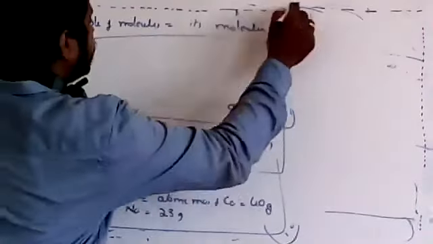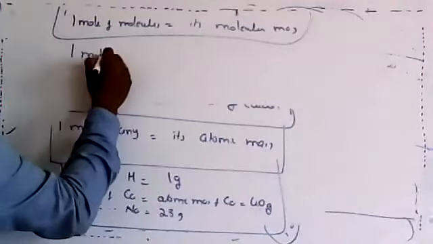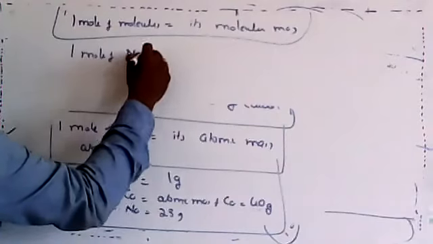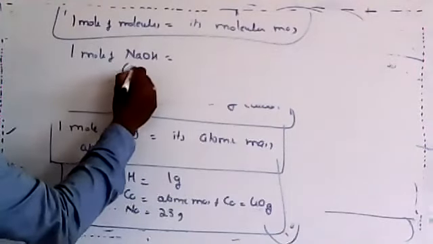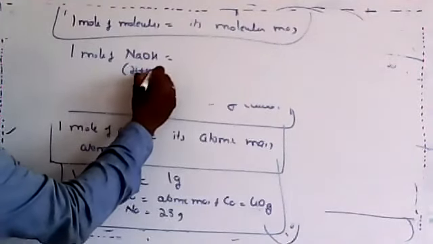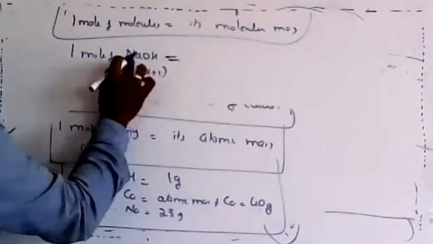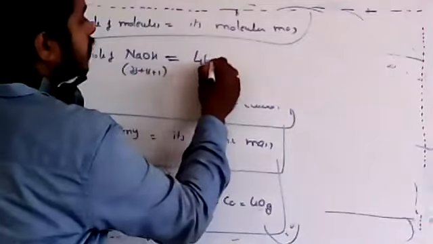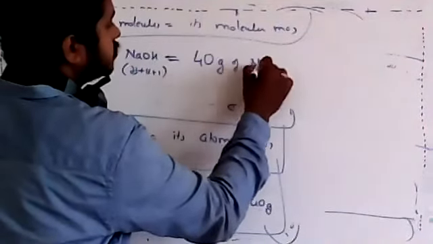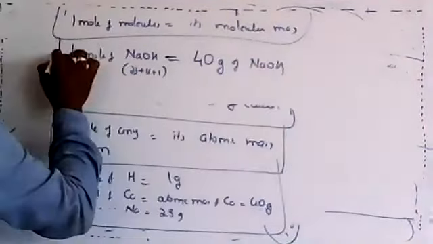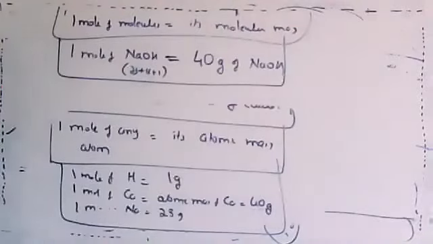For example, if I take 1 mole of NaOH, you know, sodium weight is 23, oxygen is 16, hydrogen is 1, so in total it is 40. So if you are taking 1 mole of NaOH, it is nothing but you are taking 40 grams of NaOH.